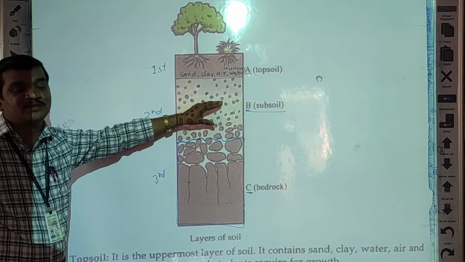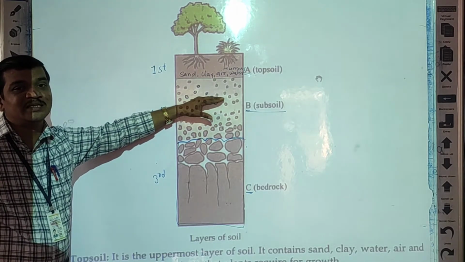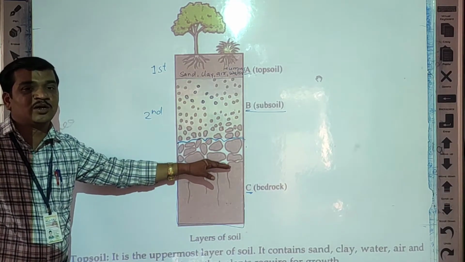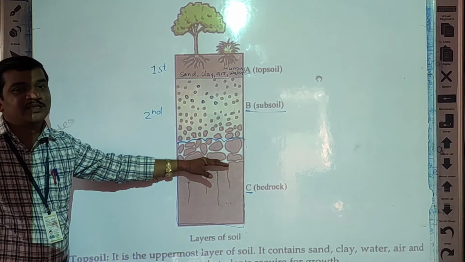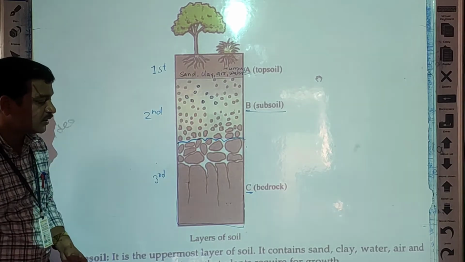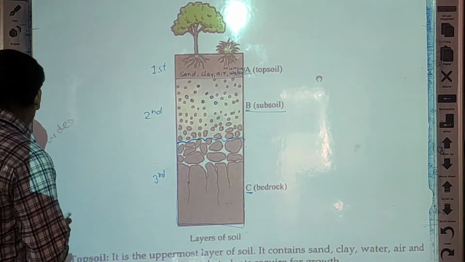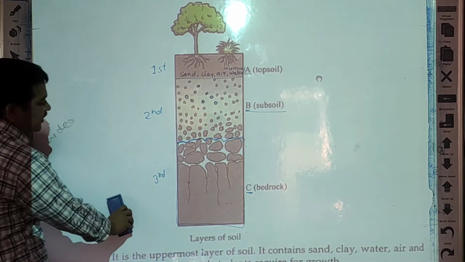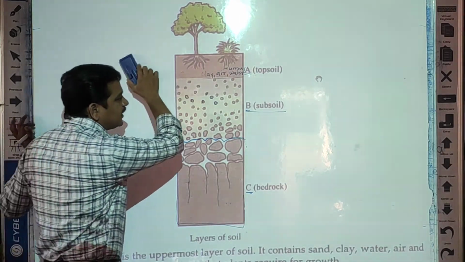That is why plants are unable to grow in this layer. And the last one, the bedrock, is completely covered by rock particles. Okay students, so this is about the different layers of the soils. Now we will go to the next part.